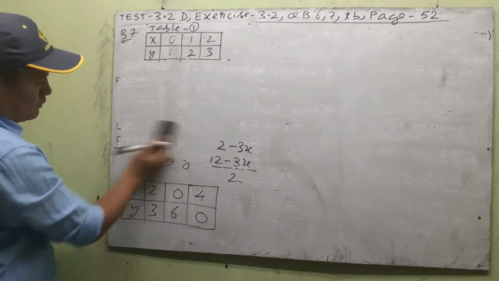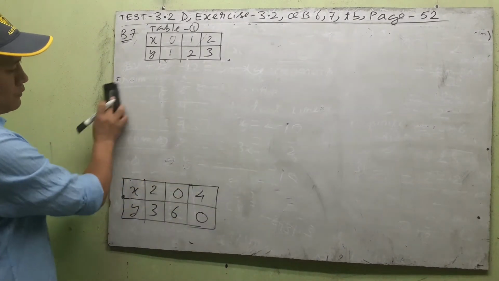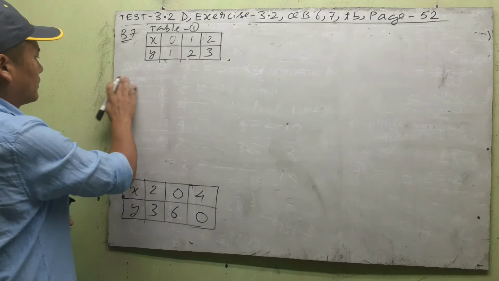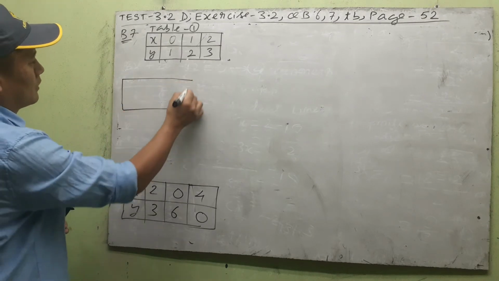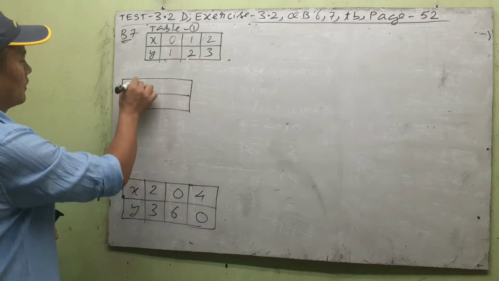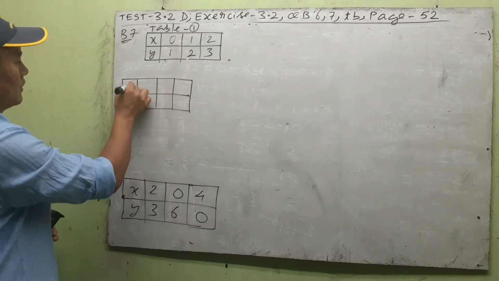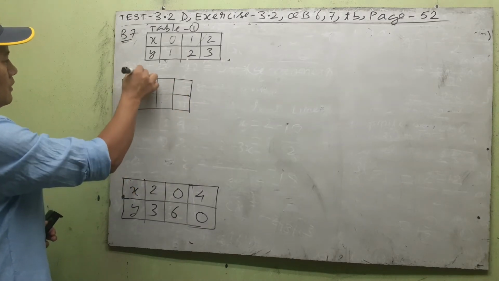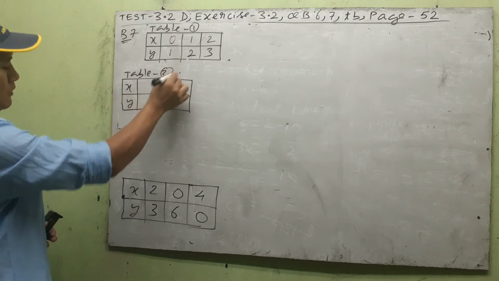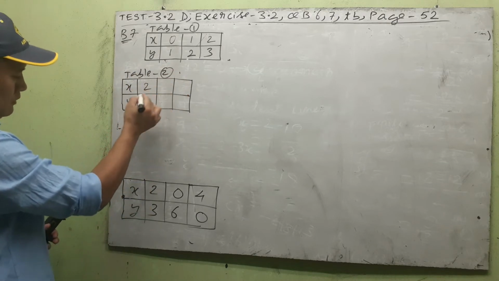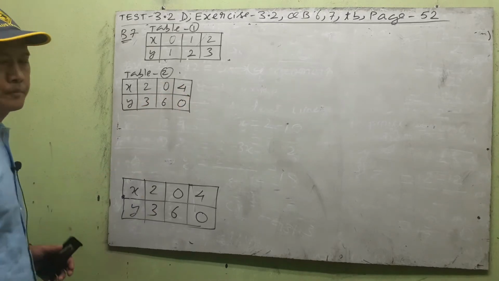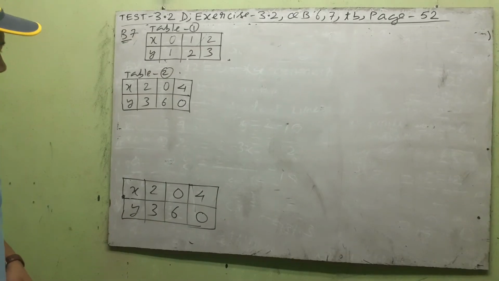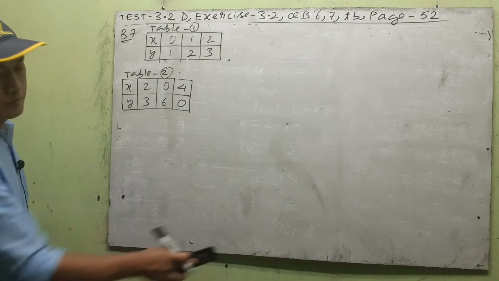Now this table 2, I'm doing this to use the space this side. Table 2, X and Y: 2, 3, 0, 6, 4, 0. Now let us go and draw the graph.